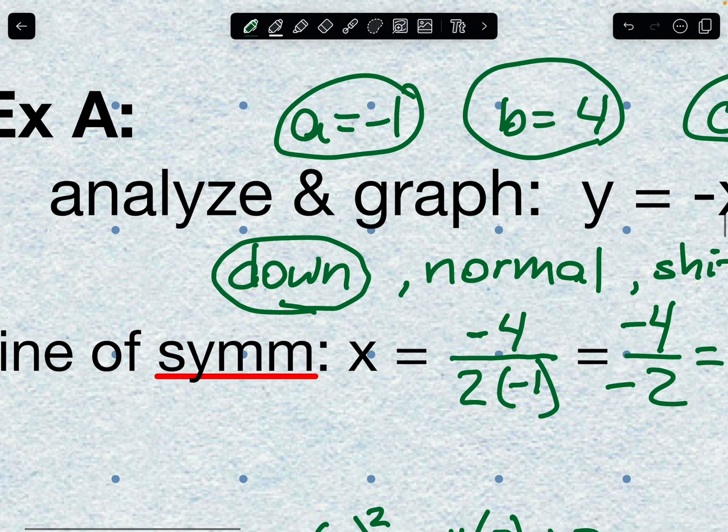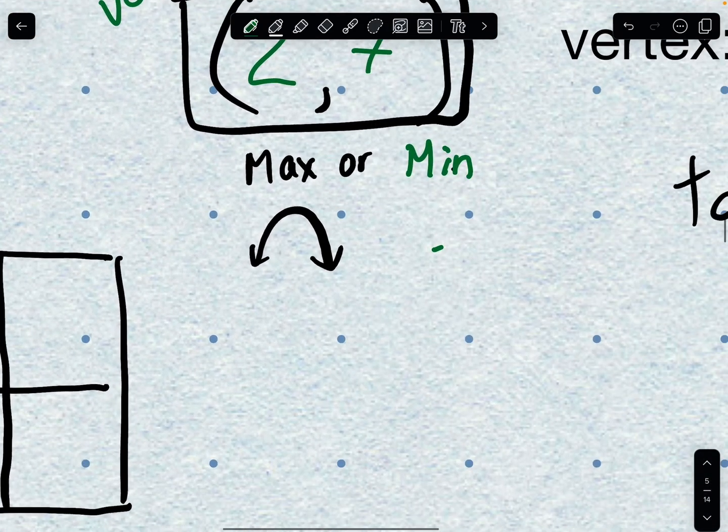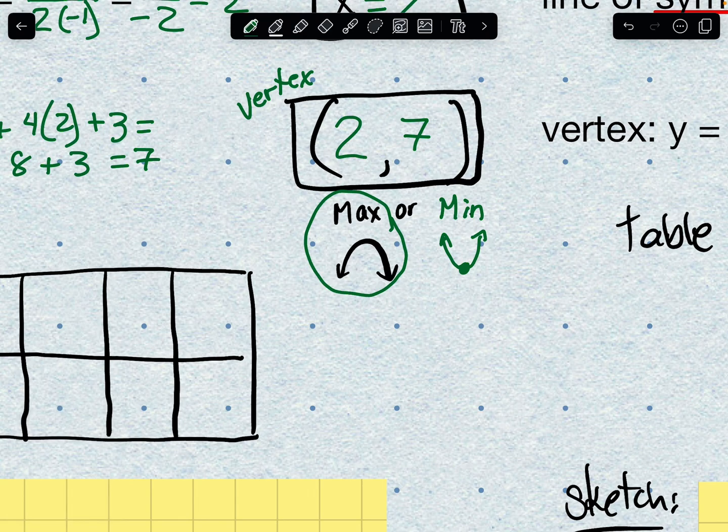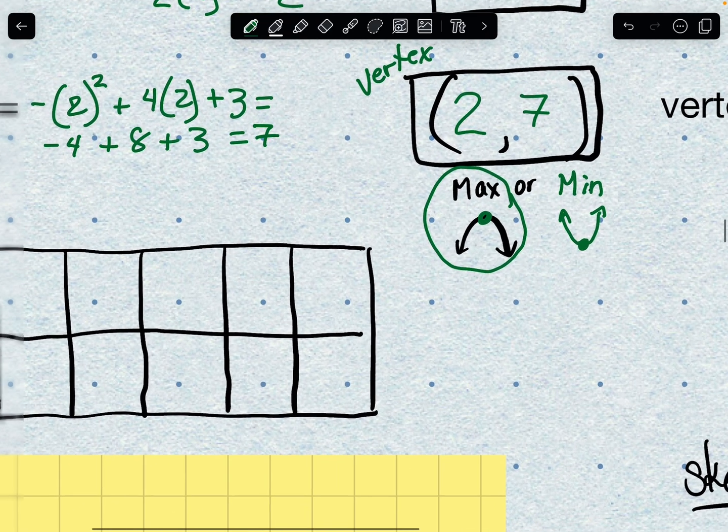So this is a mountain type graph, a parabola. It's like this, right? That means I don't have a minimum value, I have a maximum value. Why? Because the vertex is at the top and this graph goes downward.